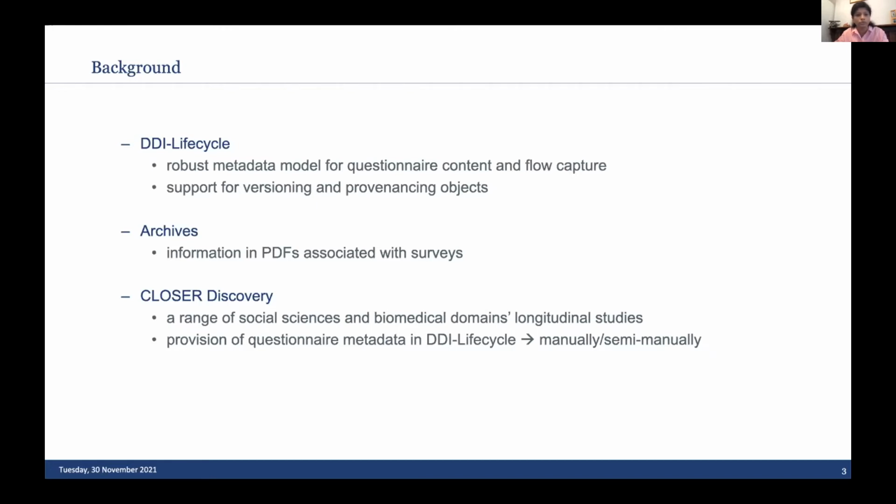It not only captures the flow, but also supports versioning and provenance of objects. For example, by using constructs, which allows reusing questions in different studies, and also comparing and analyzing studies as they have evolved, which is quite useful for longitudinal studies.